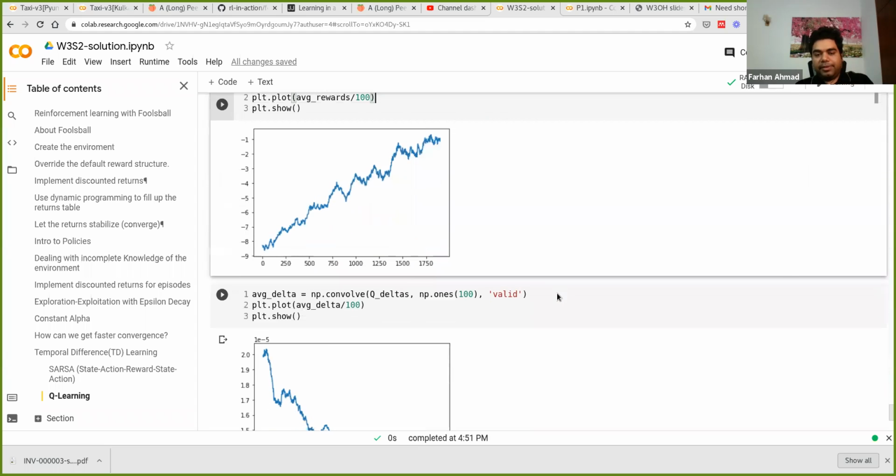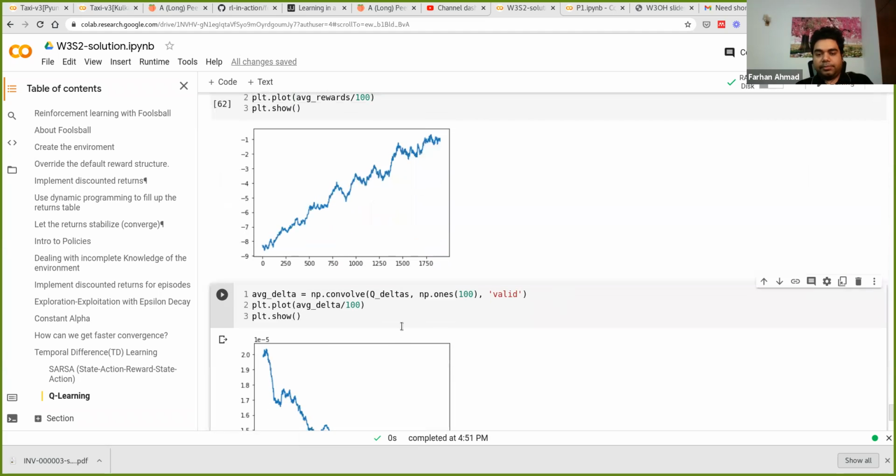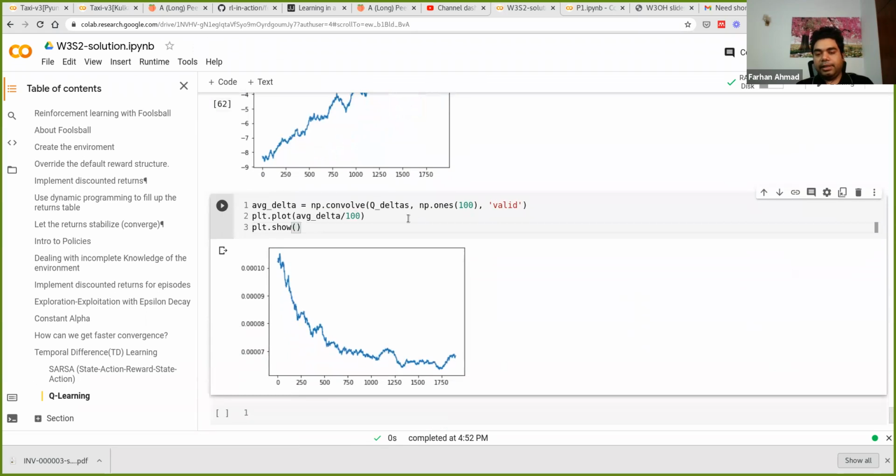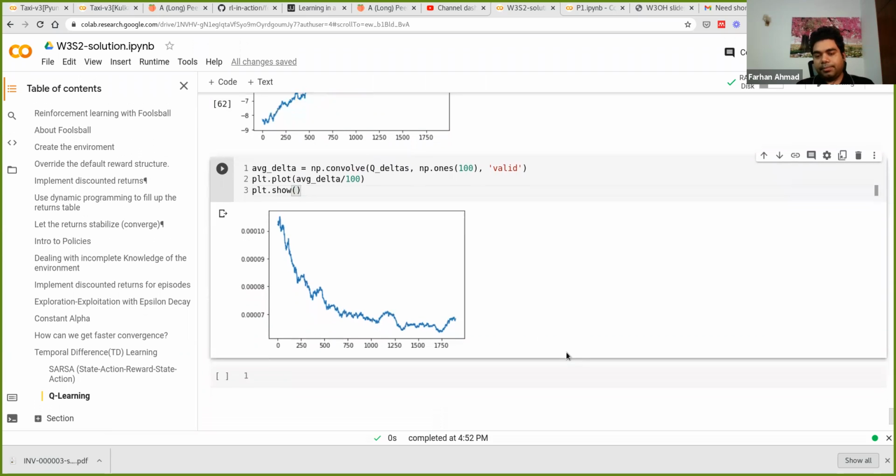We can do something similar for the delta values. Again, just convolving and finding the average. Delta drops very sharply, almost like a parabolic or exponential shape. Then again, there are some peaks in between, but overall it seems to be going down and down and down.